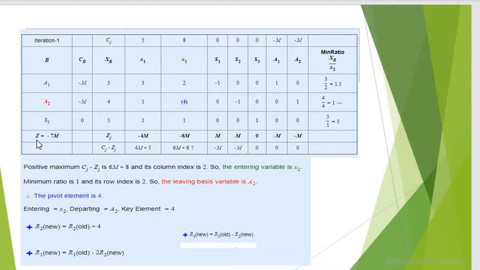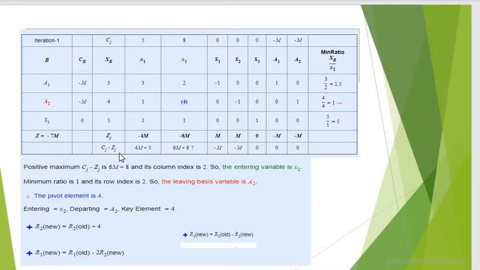Then calculate the Z value, that's equal to sigma CB into XB, that's equal to minus 7M. Zj values, that is sigma CB into Xj, so we can calculate the values in that row.